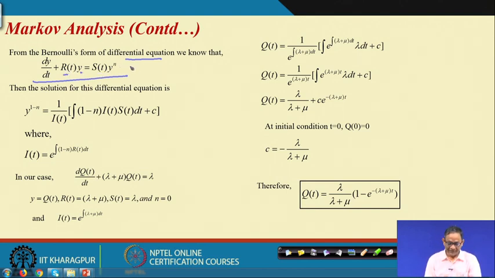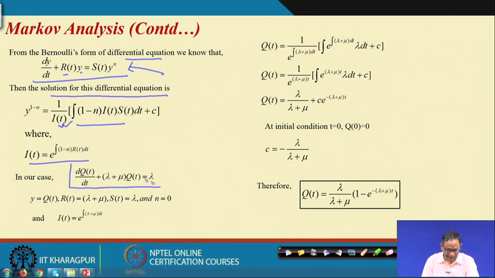If your differential equation is of this form, then the solution will be of this form, where I(t) is e to the power integration of (1 minus n) r(t) dt. Now we have to see whether our equation is of this form or not.